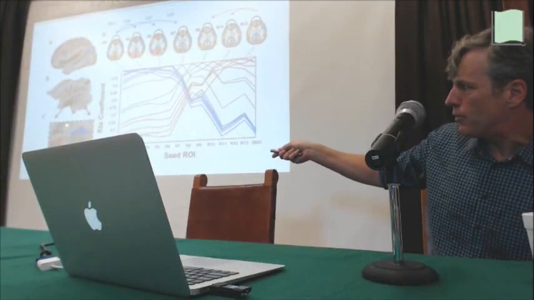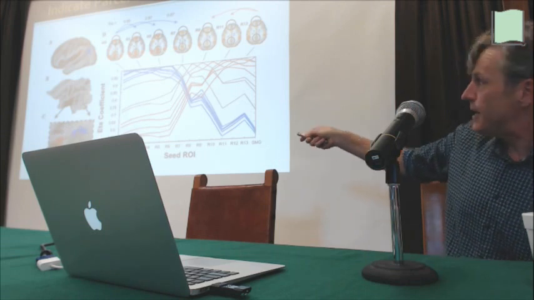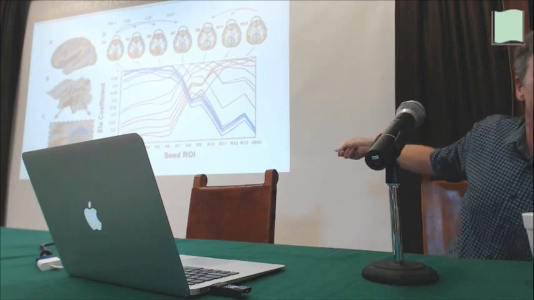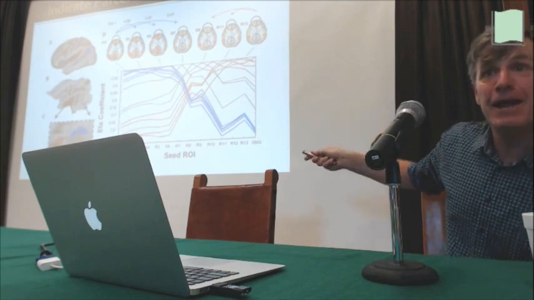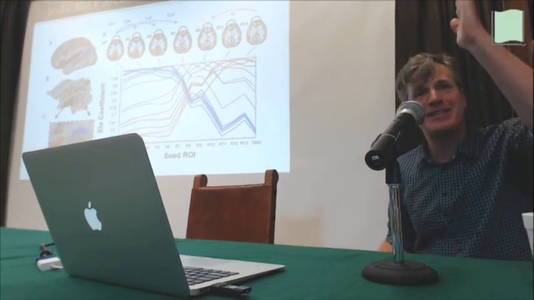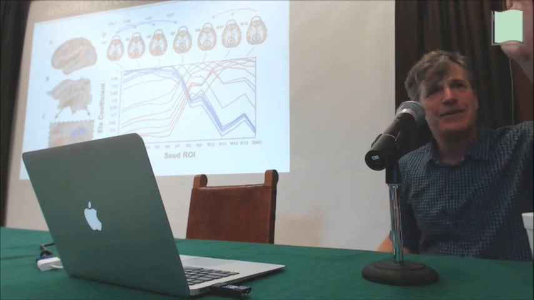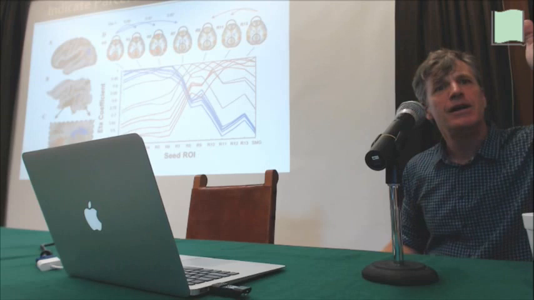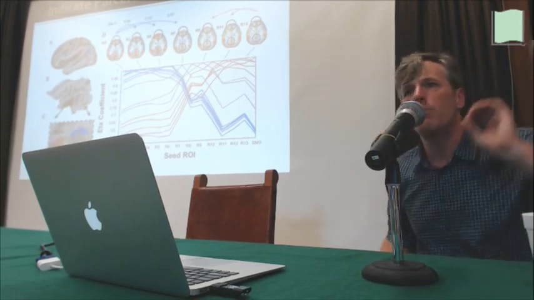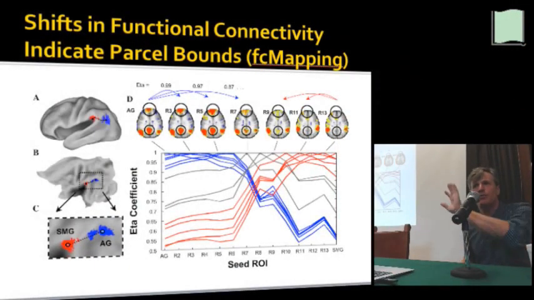And the thought is that at some point you're going to see an abrupt shift in the correlational profile of this brain area. And where you find the correlational profile shifting, that's an indication that you've moved from one brain region to the next. So where Brodmann used the distribution of cells as an indicator of when you've moved from one brain region to the next, these guys are using correlational networks to find when you've moved from one area of the brain to another.